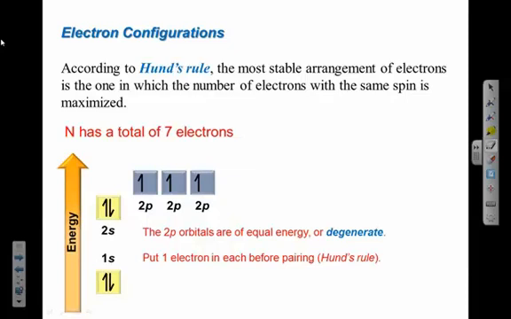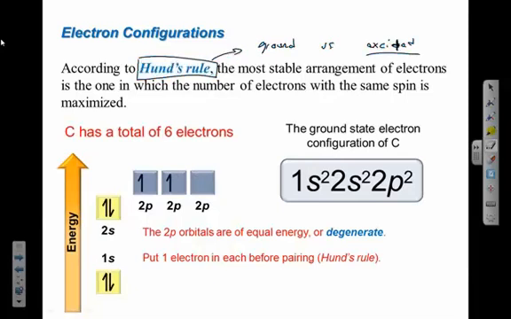That's why we know if we want to show the ground state, we need to recognize that electrons need to be spread out with the same spin in equal energy orbitals before I start pairing them up. If I hit it with just the right amount of energy, though, I can make it non-magnetic. So if I take, for example, back to carbon, if I take this atom and I hit it with just a little bit of energy, I can flip this electron, or I can move it to the next orbital.